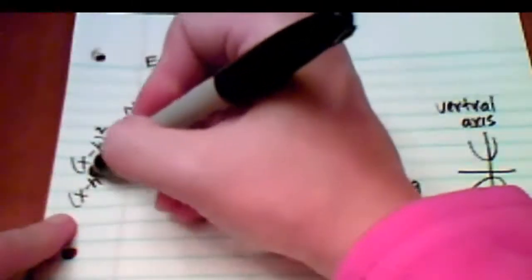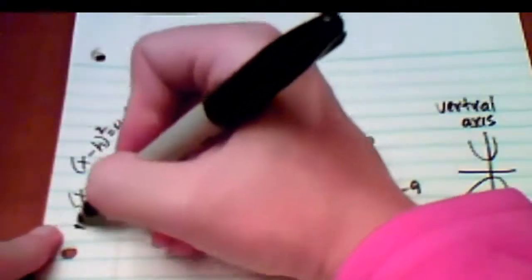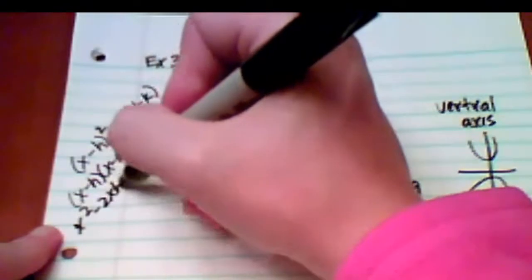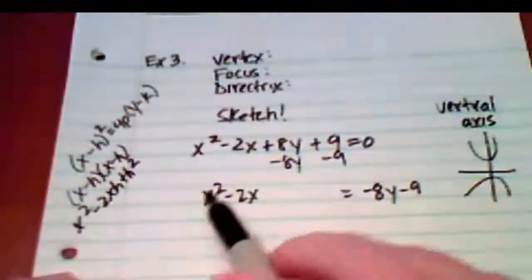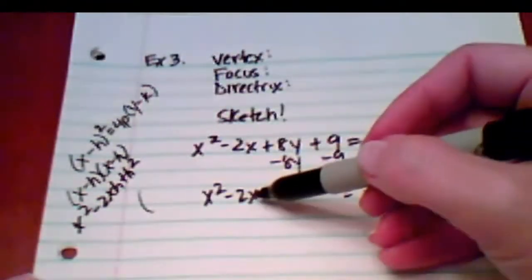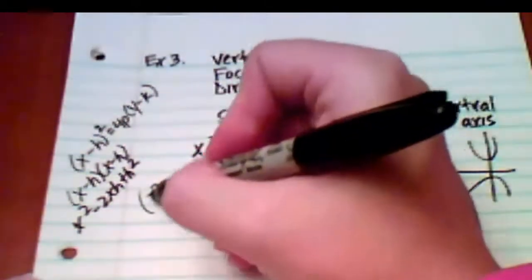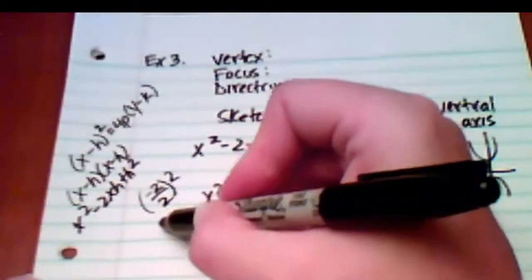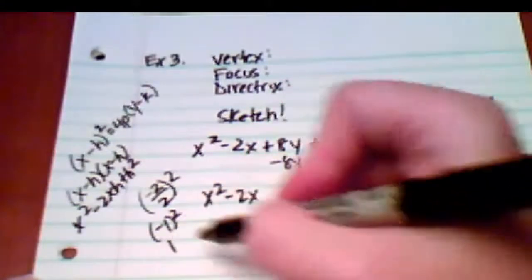A binomial squared stems from a perfect square trinomial pattern, so I have to complete the square. From Algebra 2, you take the linear term, divide it by 2, and square it. So this is negative 1 squared, which is 1.